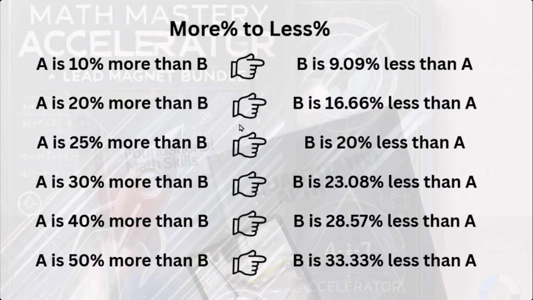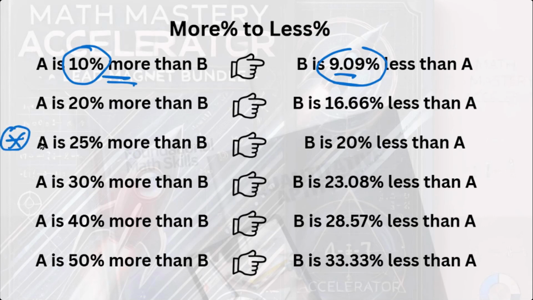Okay. More to less. A is 10% more than B implies B is 9.09% less than A. I'm taking approximate value here. 10 is more than 9.09. More is always greater than less. Remember this. This is not a fraction.